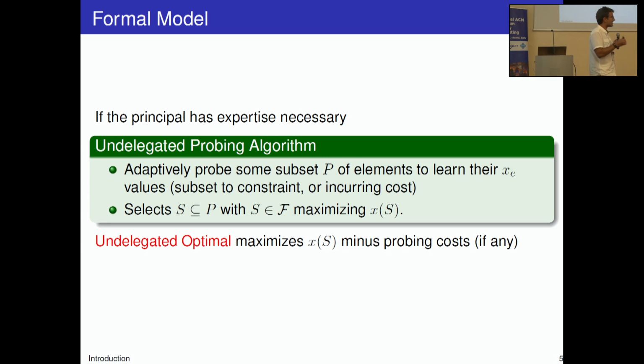And then you select a subset of the elements that you probed, a subset of P, that should be feasible. It should be in this set system F, and will maximize your utility X of S. I'm assuming utility is additive across elements here. Okay? So the optimal algorithm of this form obviously optimally trades off your utility for the solution minus the probing costs, or subject to the probing constraints.